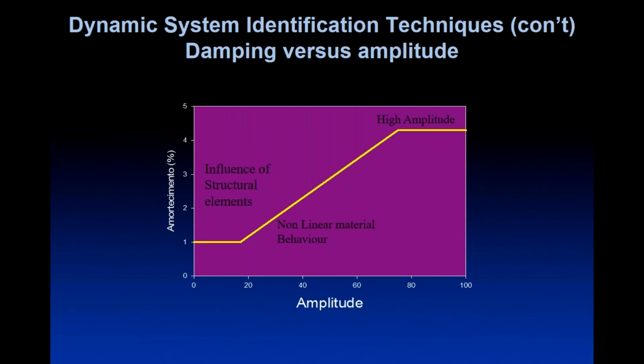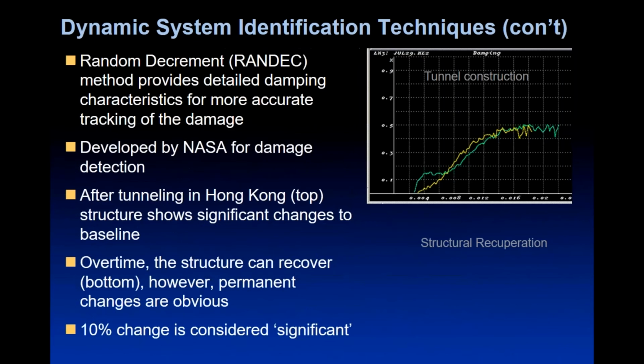Damping. We can get damping from half-power bandwidth, and that's essentially taking a spectrum and looking at the width of the spectral peak and then calculating damping from that. That is an averaged value. A lot of people use it, but I've said to you, it's important to understand that damping is nonlinear.